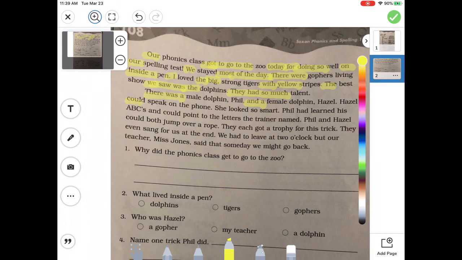Hazel could speak on the phone. She looked so smart. Phil had learned his ABCs and could point to the letters the trainer named. Phil and Hazel even sang.